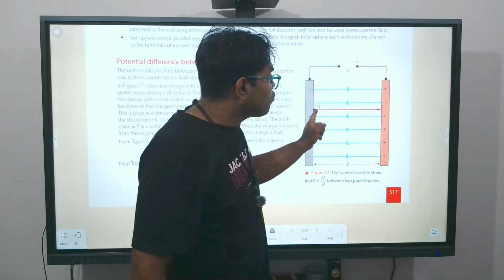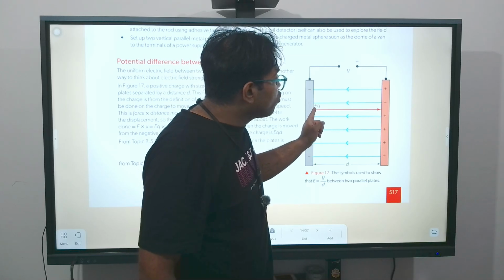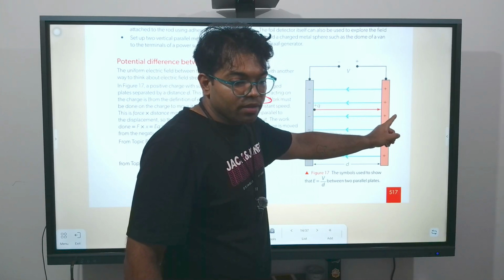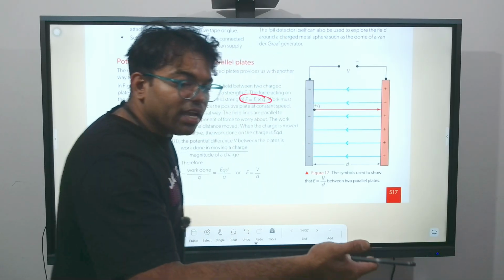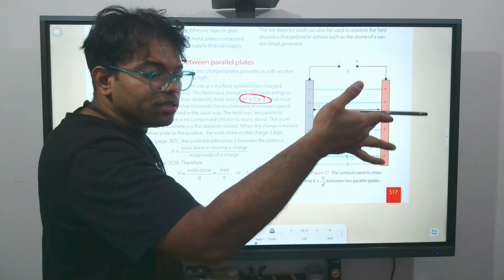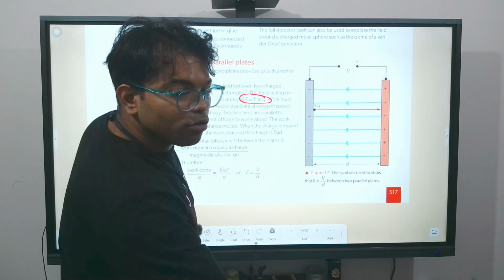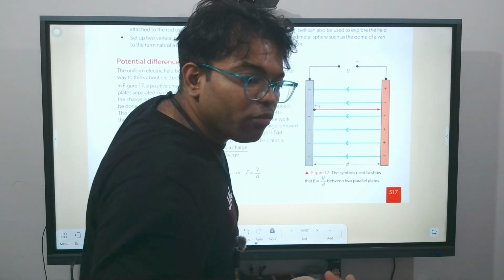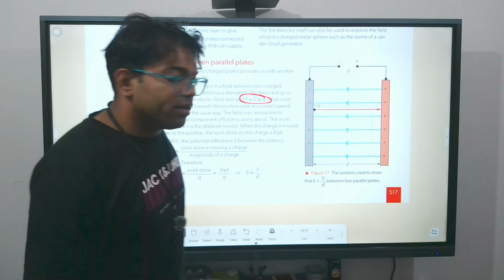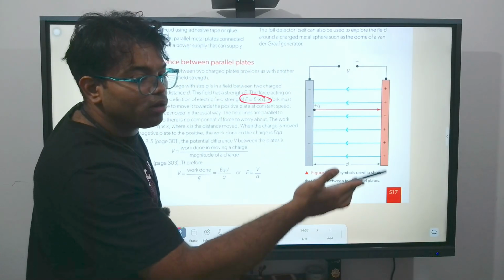A positive charge has to do work because it is going towards the positive plate. There is a repulsion there. When I pick up a pen and slowly bring it upwards, I have to do work. I don't have to do any work when I am dropping the pen. But when I'm lifting the pen, it's a whole different story.